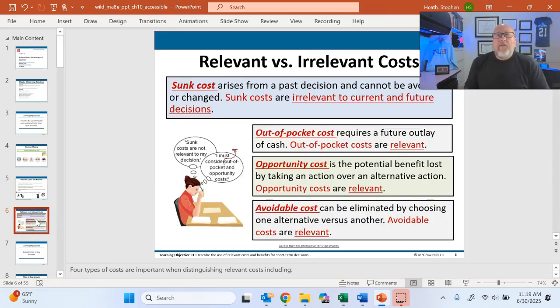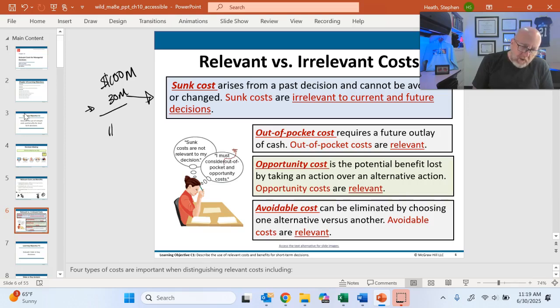Okay. Relevant versus irrelevant costs. This is a hard one for most of us to get over, but sunk costs are things that we don't really have any control over, right? So if I spent $100 million, and I'm trying to decide whether I should spend another 30 to finish this opportunity, the total cost is 130 million, right?